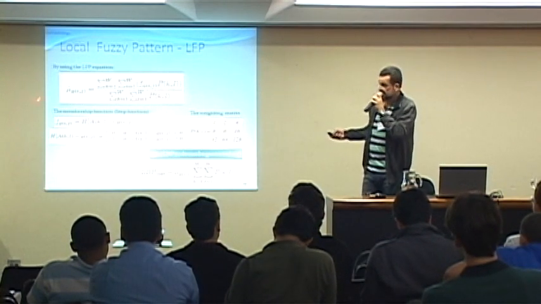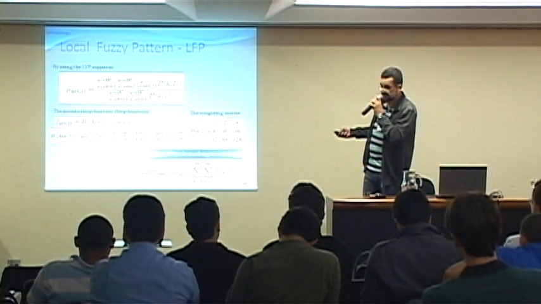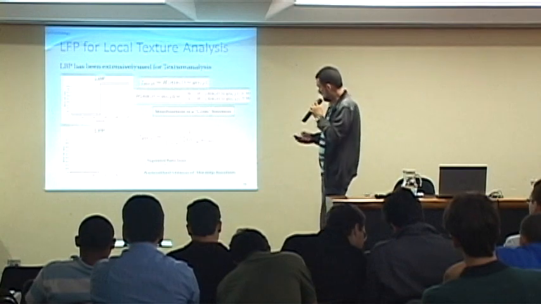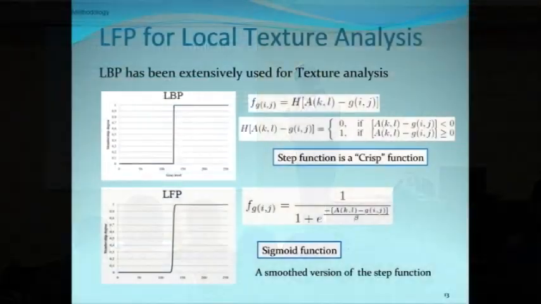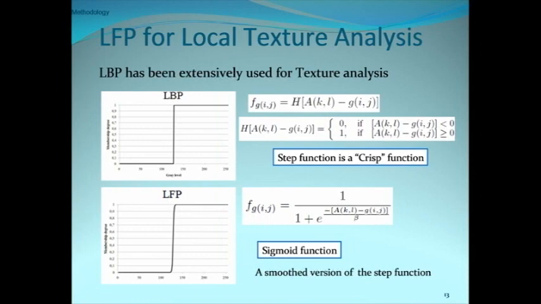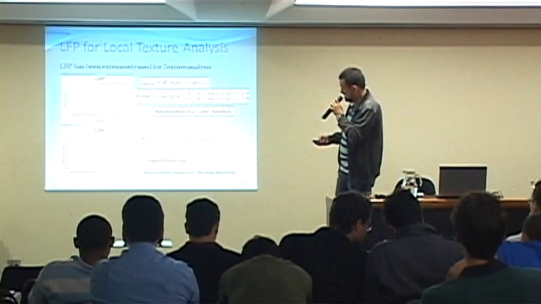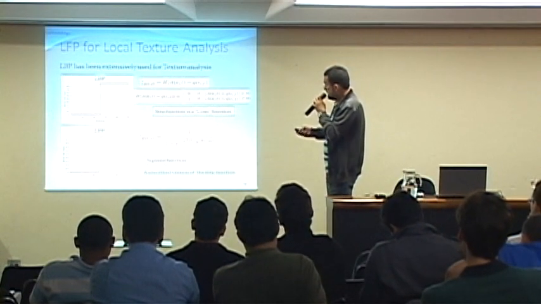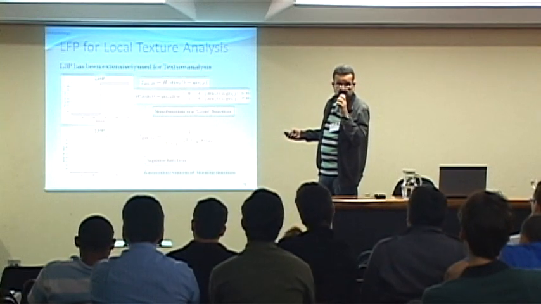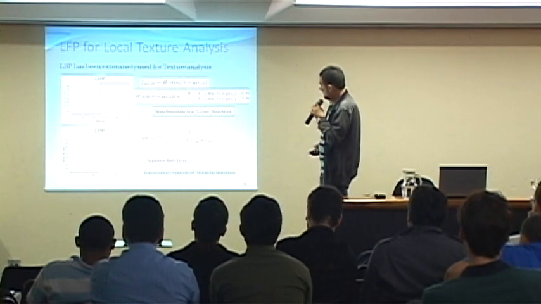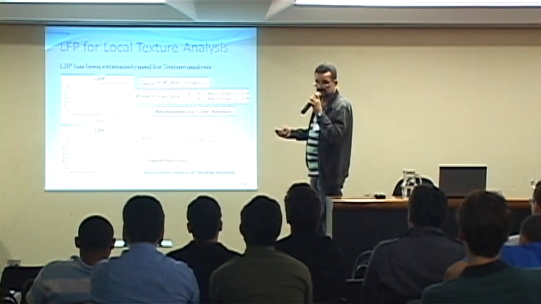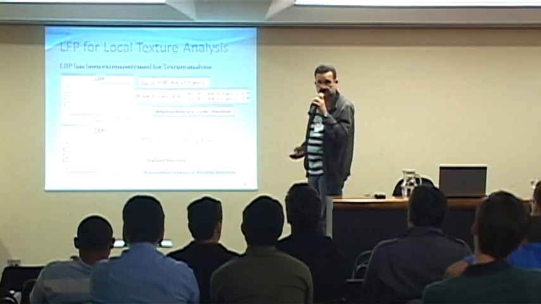So the LBP can be derived directly from our formulation. So we use for the LFP the sigmoid function, because the sigmoid function is a smoothed version of the step function used by the LBP approach. Look, the LBP approach is a crisp function, compared to our approach.